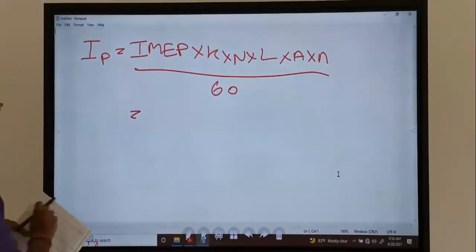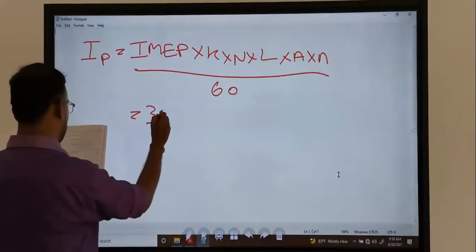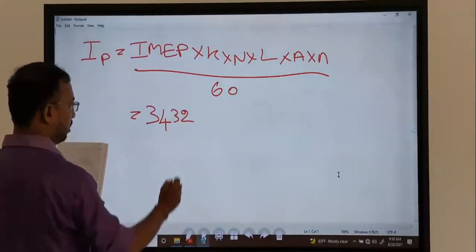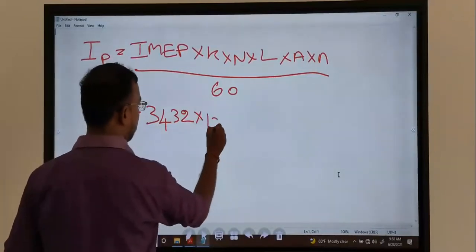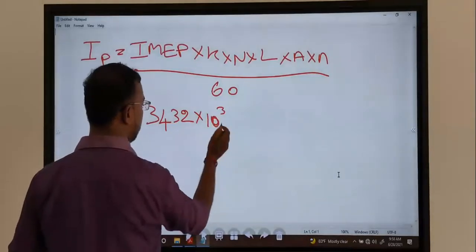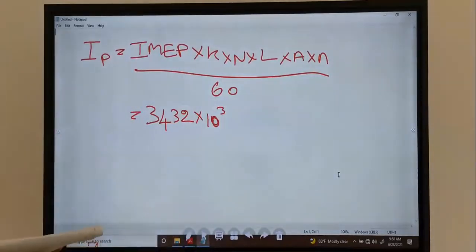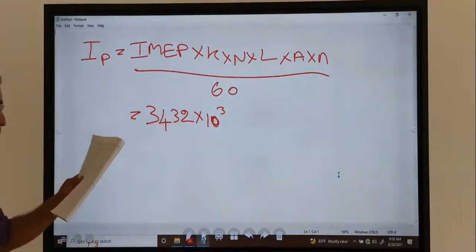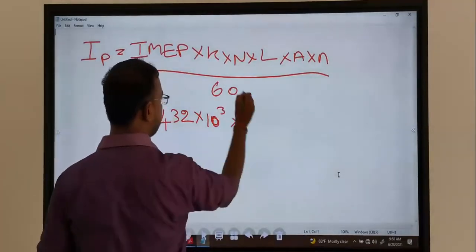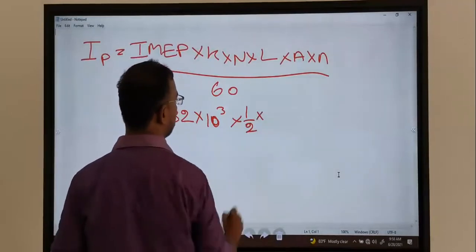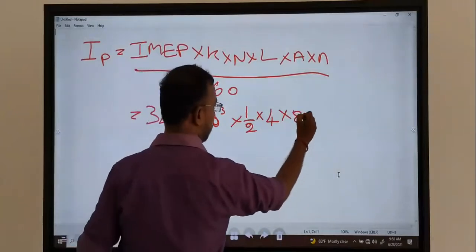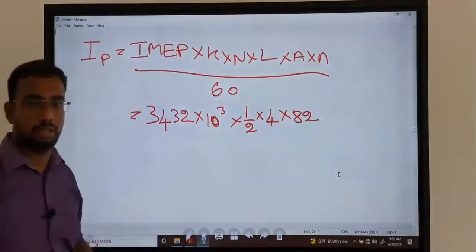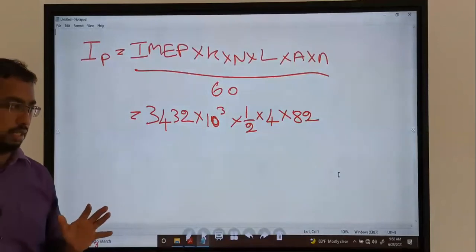So here 3432 is kilopascal. So we have to use 10 cube for the kilo. Now it's in Pascal. Here half, N is 4, L is 82. But here, I only told, when we find the engine capacity, we use the stroke and bore in centimeter.